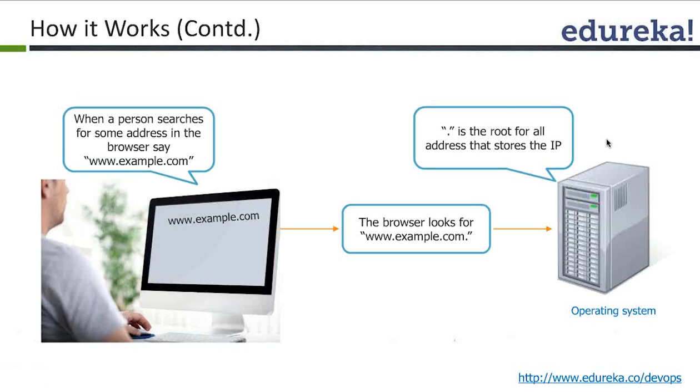For example, if you want to create another domain, say in.google.com, then in the authoritative server of Google, we are creating another domain.